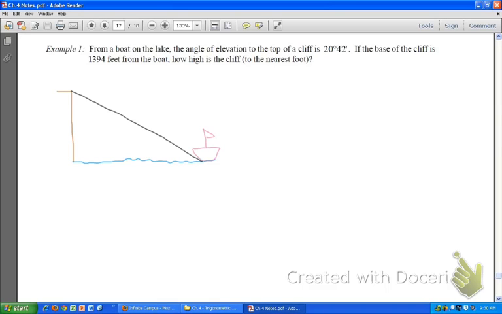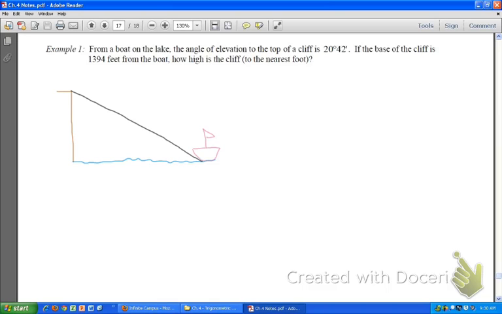If I want to do stuff on the calculator with that degree, it needs to be in decimal form, right? So what I need to do is figure out what is 20 degrees and 42 minutes as a decimal. What's the computation that you do for that? I just heard multiply by 60, I heard divide by 60. Which one is it? Divide by 60.